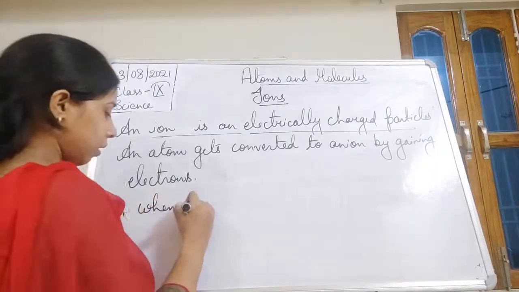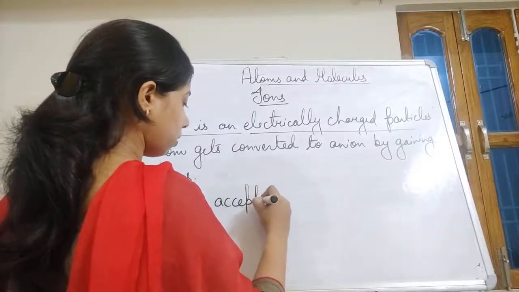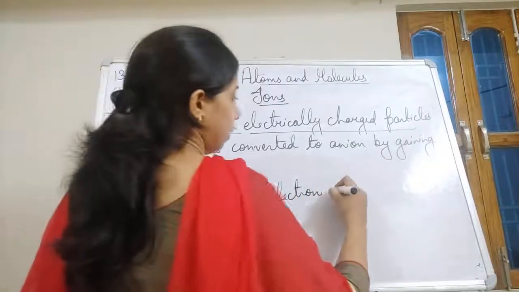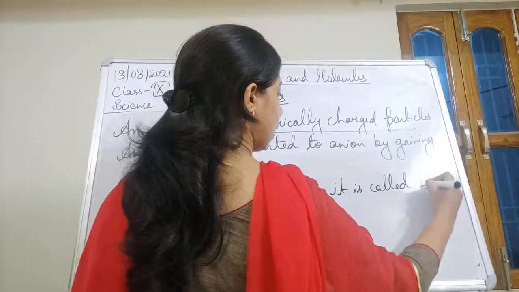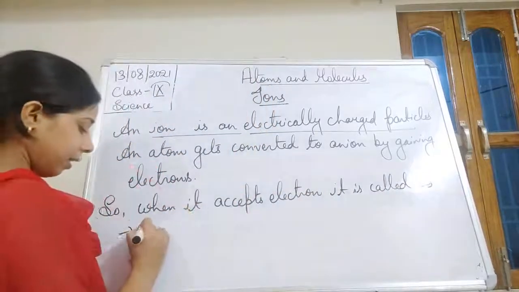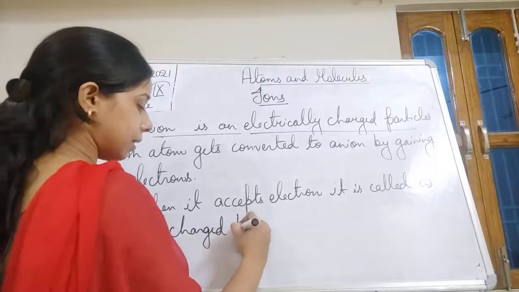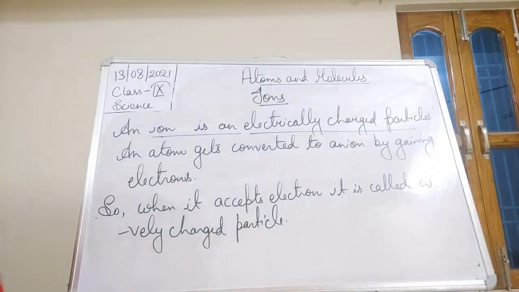When it accepts electrons, it is called a negatively charged particle. So it becomes negatively charged after gaining the electron.